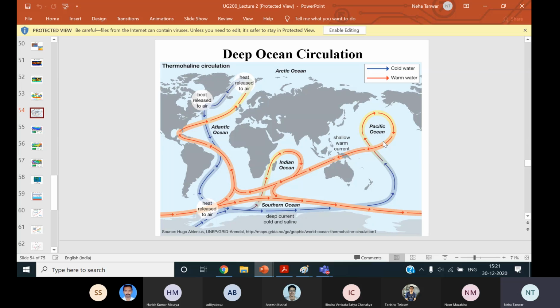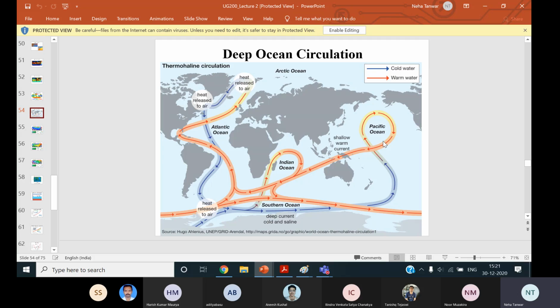Deep water formation, when we talk about this, is a huge water mass and a continuous process. We can have regional changes: whenever the density changes, a regional water column will readjust, but it's on a very small scale.